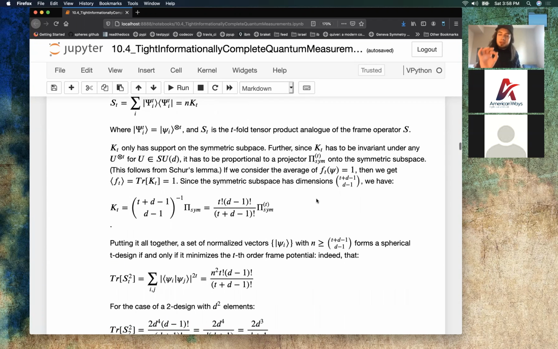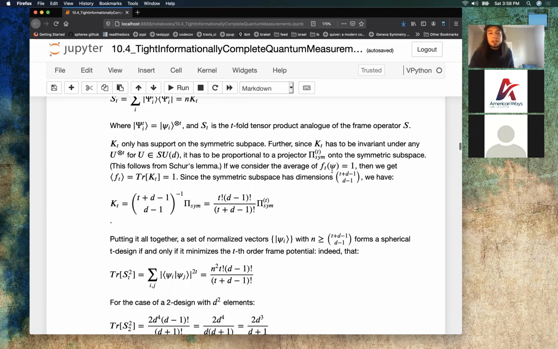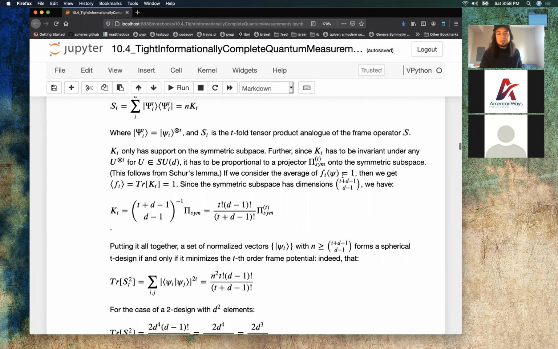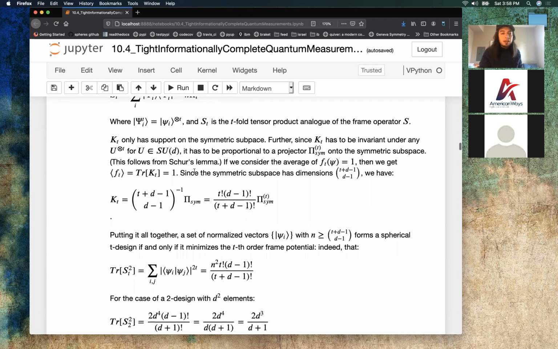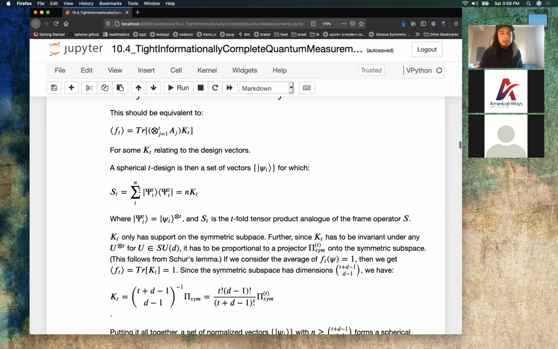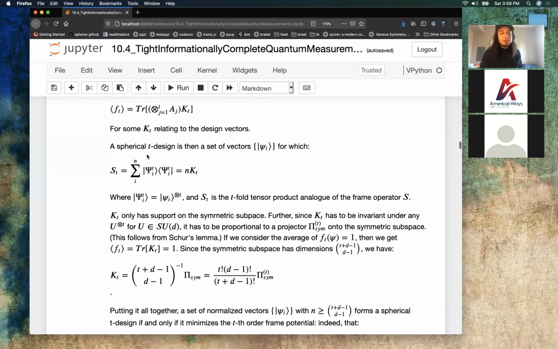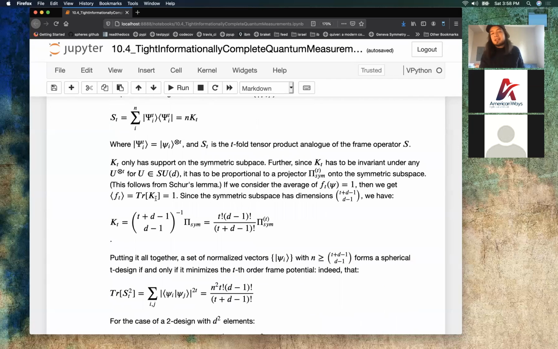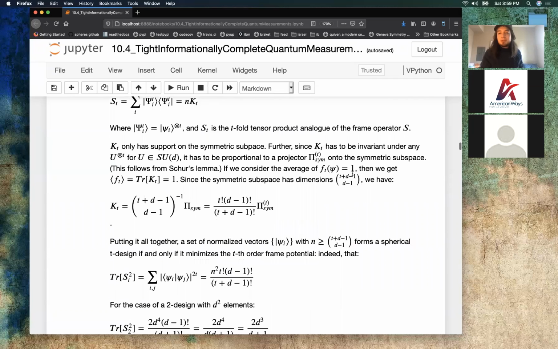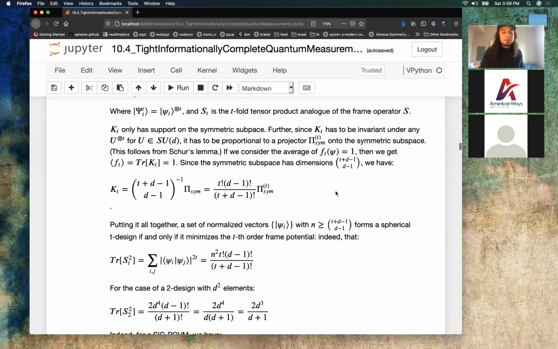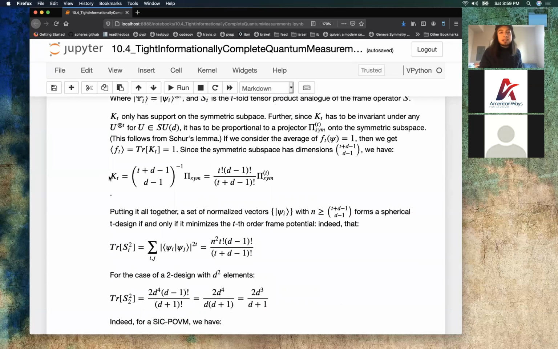And then we can nail down exactly what this has to be. If we just consider the constant function, then this just boils down to the trace of K, and it's got to be 1. The symmetric subspace has to have dimension this little binomial coefficient there. And so we get that K has to basically be this times a projector onto the symmetric subspace.